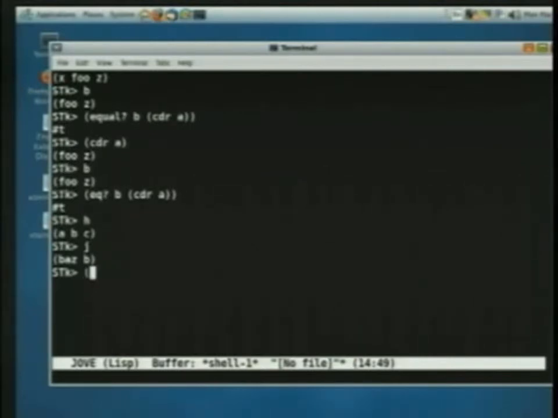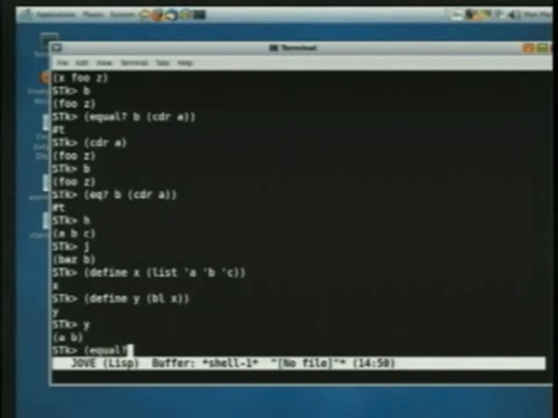Let's make a new one. Define X, list A, B, C. I should have said sentence. All right, never mind. Define Y to be but-last of X. So here's Y. So equal?